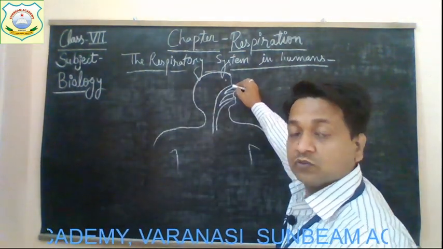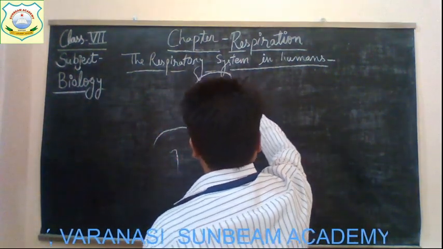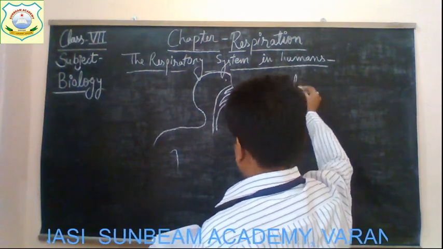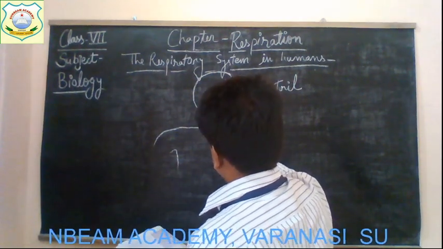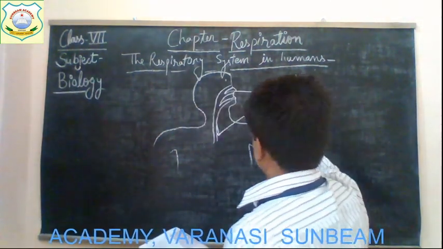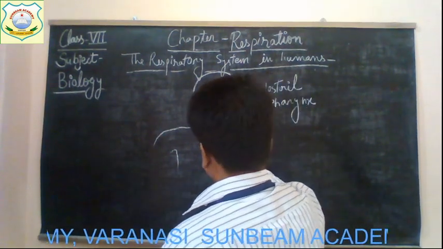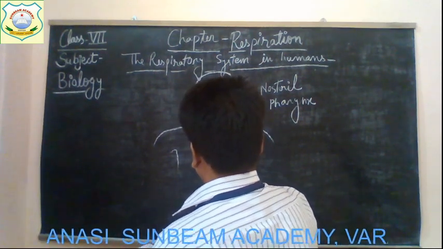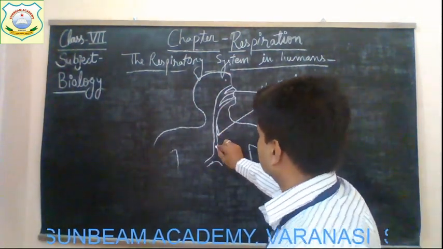Children, this passage is known as nostril. This tube-like structure is trachea.